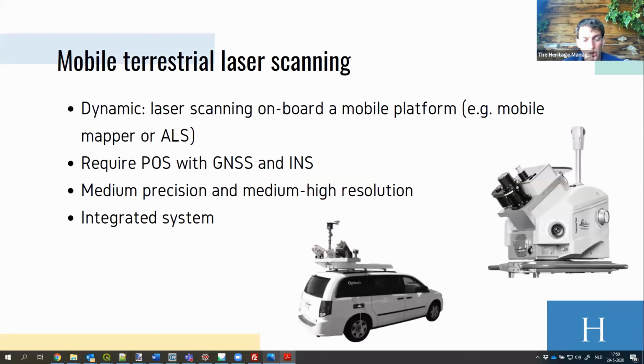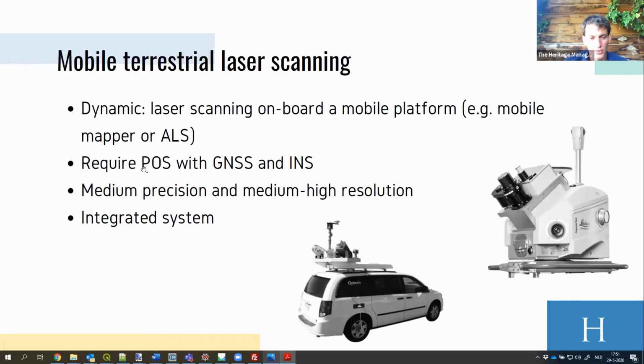So mobile terrestrial laser scanning is possible, but it is more expensive, more complicated and less accurate than static laser scanning. It means that we have a dynamic system with a laser scanner on board a mobile platform, like a mobile mapper, or in an airborne application. But in this case, since we are not in a static environment but in a kinematic environment, we need to record our motion using a positioning and orientation system.